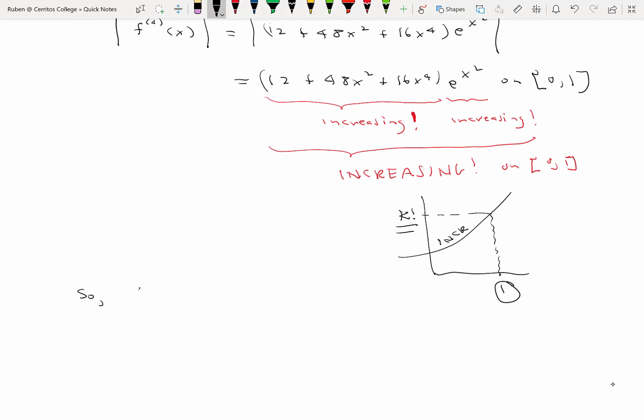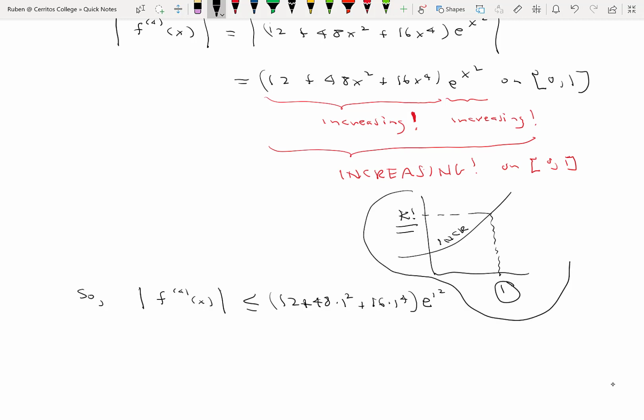So the absolute value of my 4th derivative is no bigger than 12 plus 48 times the right-hand endpoint, x equals 1 squared, plus 16 times 1 to the fourth, times e to the 1 squared.